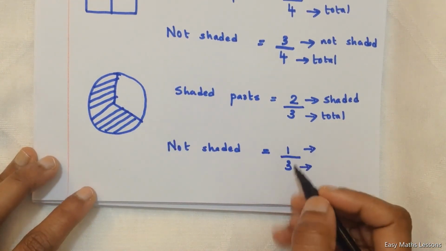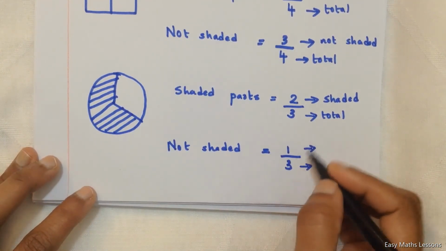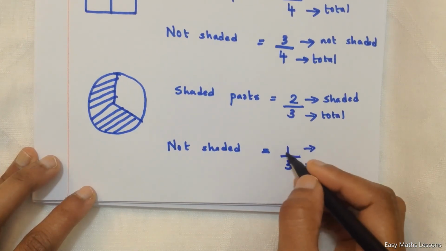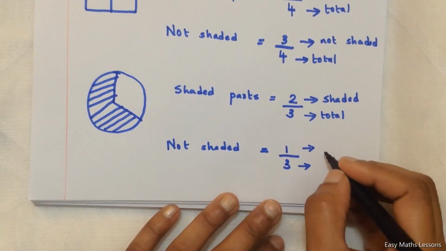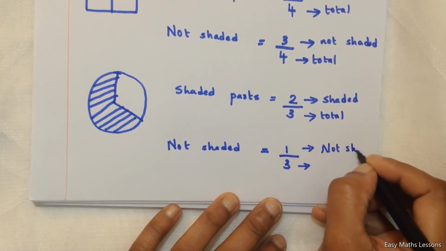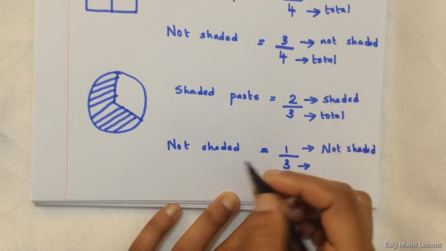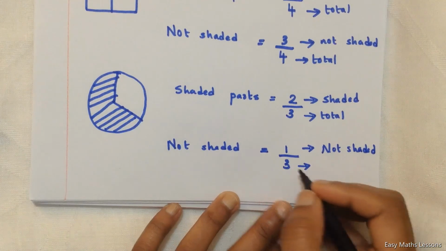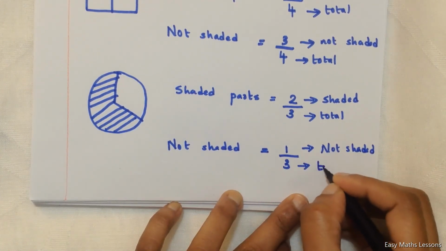In this case, there are total of 3 parts and the parts which are not shaded is 1. So, the parts which are not shaded in the circle can be represented as 1 by 3.